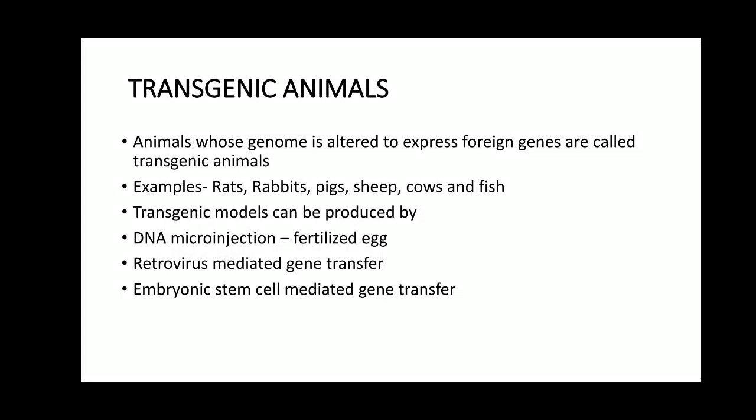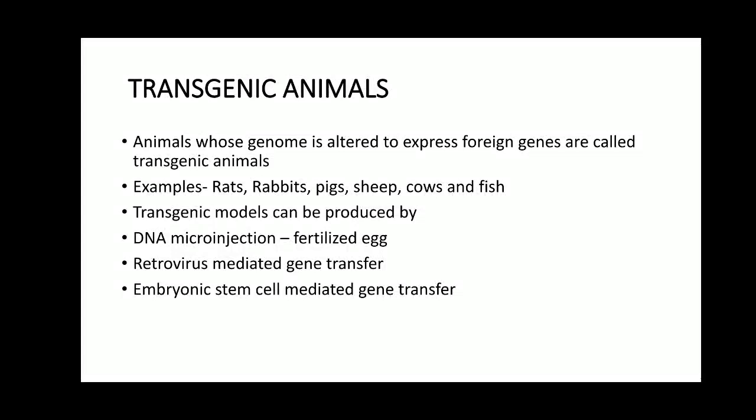Retroviruses contain RNA as the genetic material, and they have the capability to infect animal cells by a process known as reverse transcription. Using that, retroviruses can transform normal cells into cancerous cells.